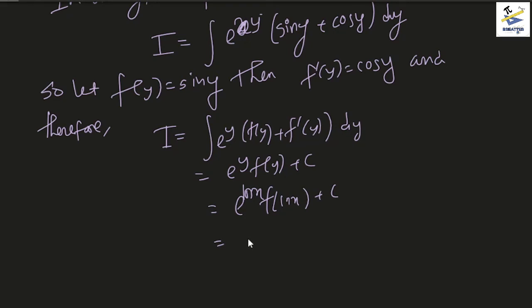Now e to the power ln x is just x, and f of ln x is just sine of ln x plus c, which is the answer to our integral. So you see that this integral is found out using this lemma, and we can easily find different integrals as well using this kind of lemmas whenever they're in the form of e to the power y into f of y plus f dashed y.